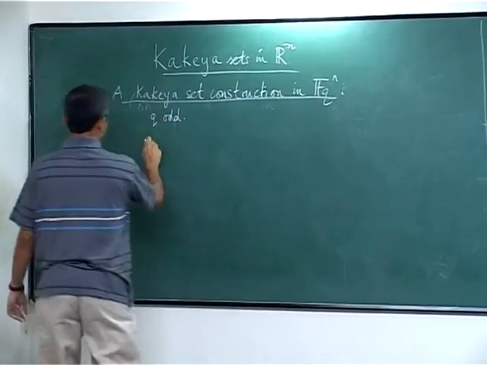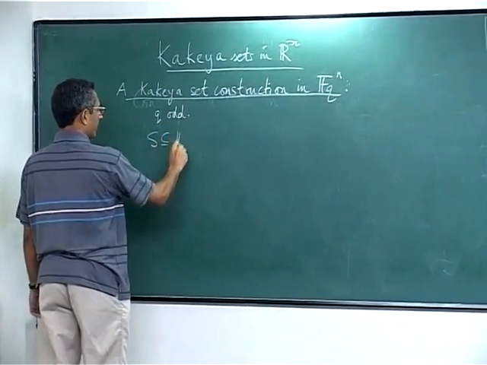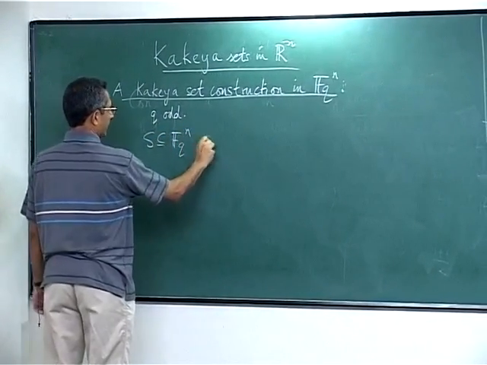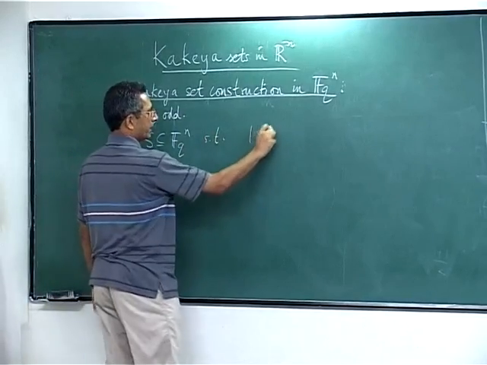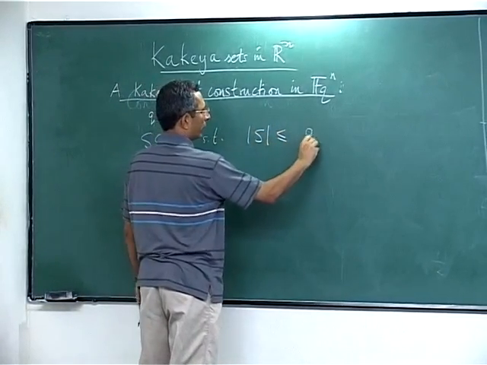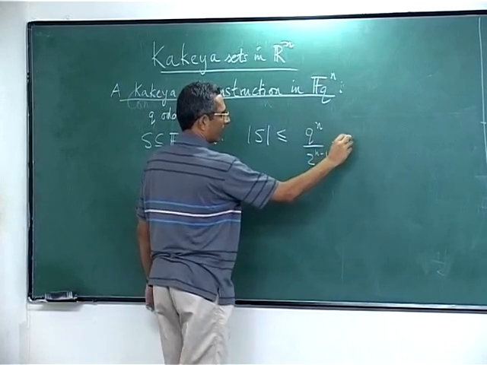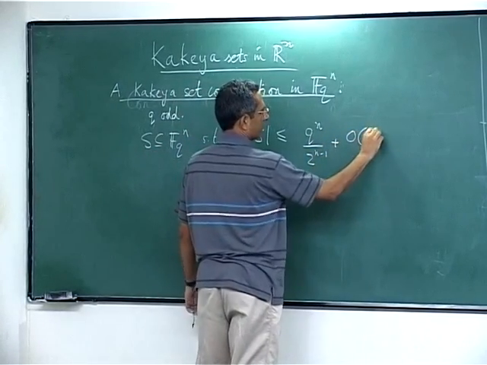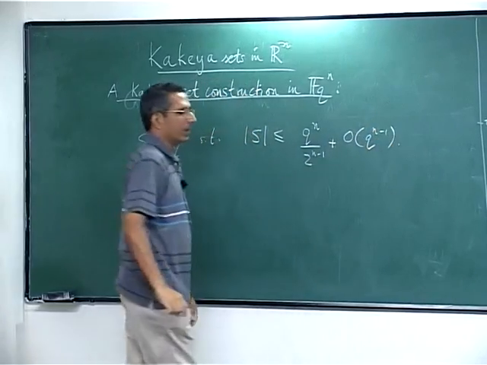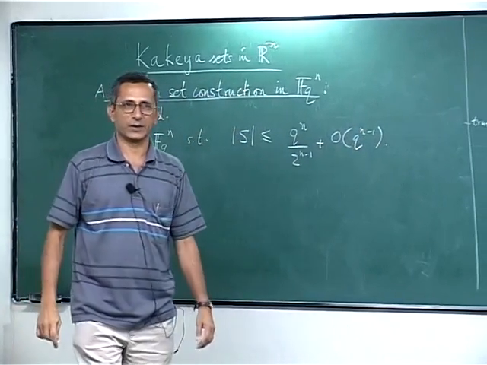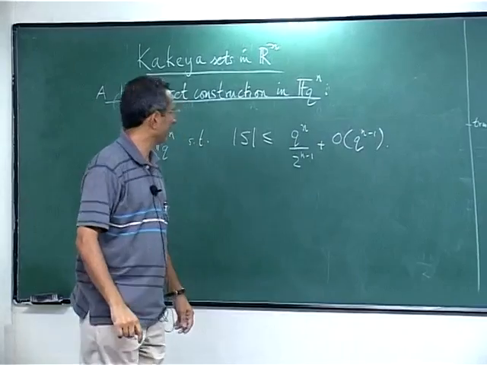We are going to construct S contained in F_q^n such that the cardinality of S is at most q^n divided by 2^(n-1), plus some terms of order q^(n-1).